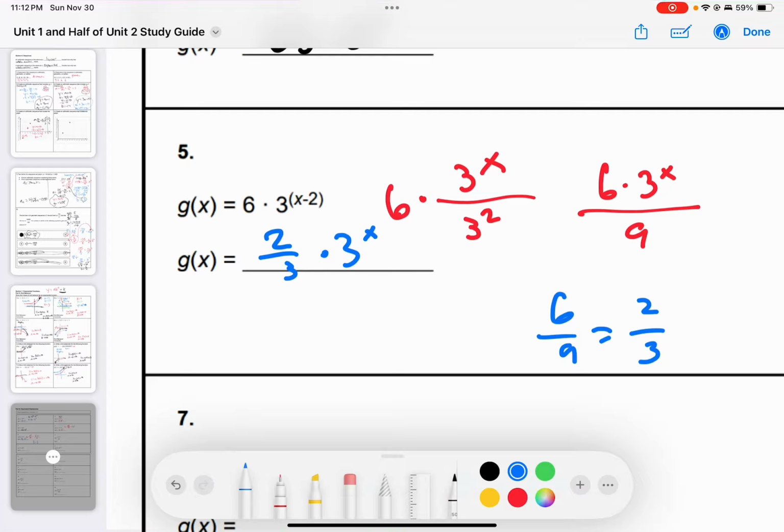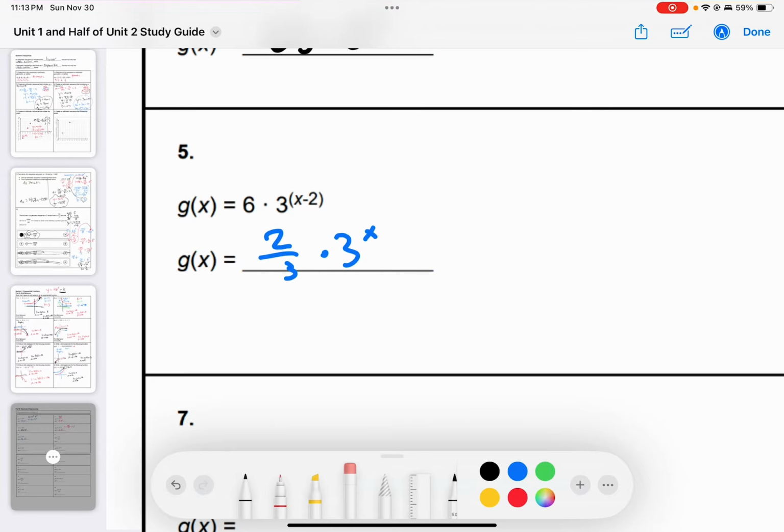Okay. And again, if you wanted to check to see if this is legit, because I'm not 100% sure my math's perfect on these, why don't I just check? Why don't I say x equals 2? It should work for anything. Here we get 6 times 3 to the 2 minus 2. 6 times 3 to the 0.